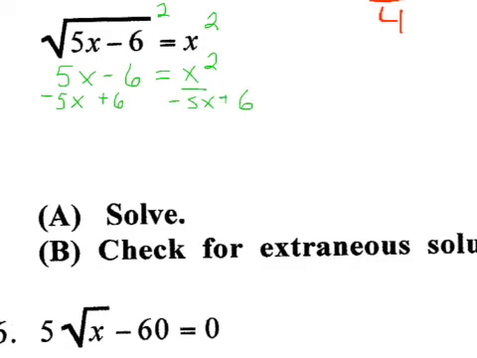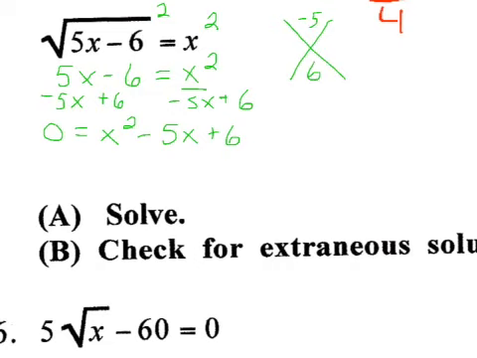So we get 0 equals x squared minus 5x plus 6. Now it's time to factor. So we need to think of two numbers that add to negative 5 but multiply to 6. That would be negative 2 and negative 3. So we get 0 equals x minus 2 times x minus 3.